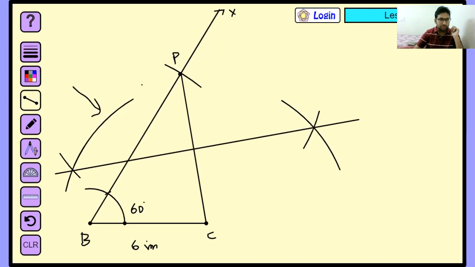I guess this is the perpendicular bisector, so this is dividing equally, and this is perpendicular also. The point where it cuts your BP, class, is known as your vertex A. So to obtain the vertex A, we have to draw the perpendicular bisector of this side. And now you can join A and C.